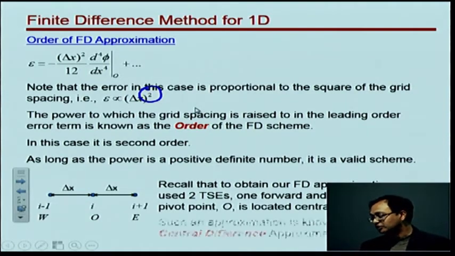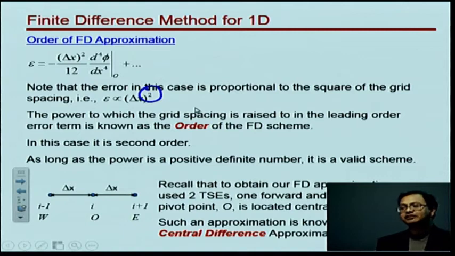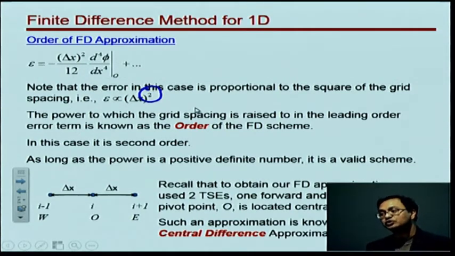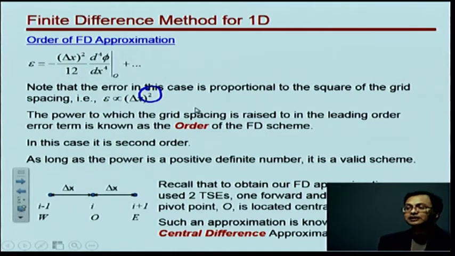We could have derived an expression for d square phi dx square using two Taylor series expansions both in the forward direction or both in the backward direction. Perfectly valid, nothing says we cannot do that, but that would not be a central difference scheme. That would be a forward difference scheme or a backward difference scheme.